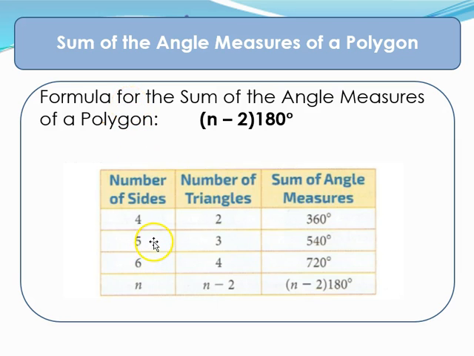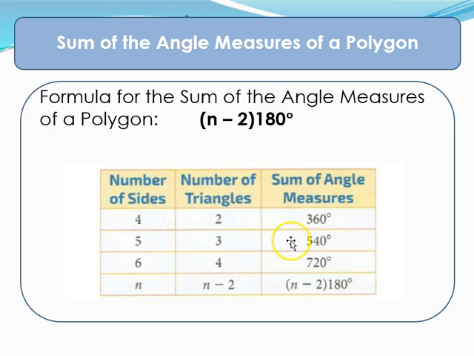So these are internal angle measures, and we discovered by making a table that if you had 4 sides and you cut it with a diagonal, you'll have 2 triangles, and that the sum of the measures will be 360 degrees. If you have 5 sides, you'll end up with 3 triangles by drawing diagonals, and you'll have measures of angles of 540 degrees.